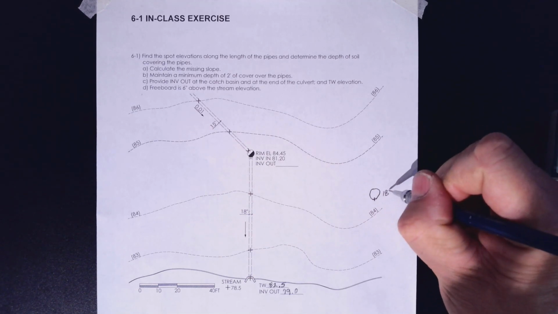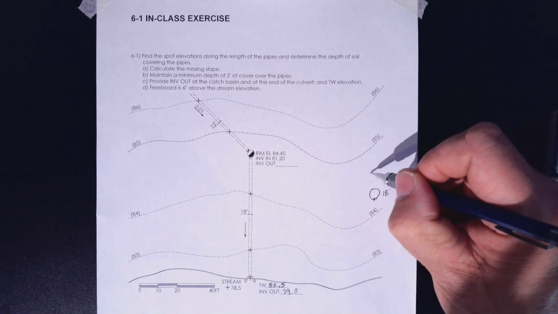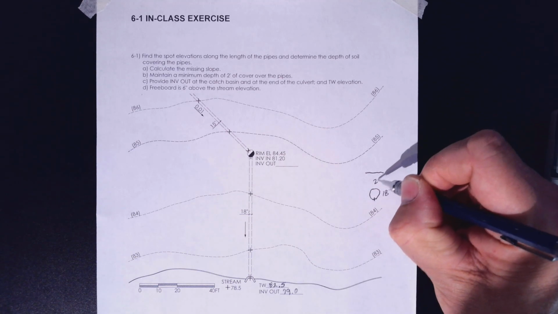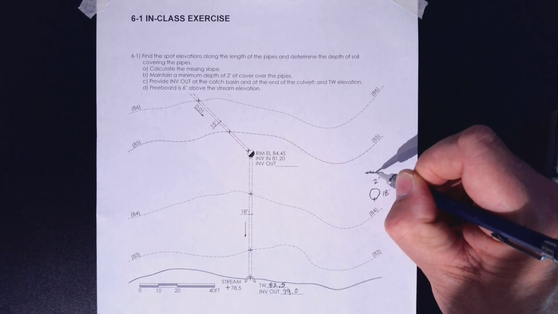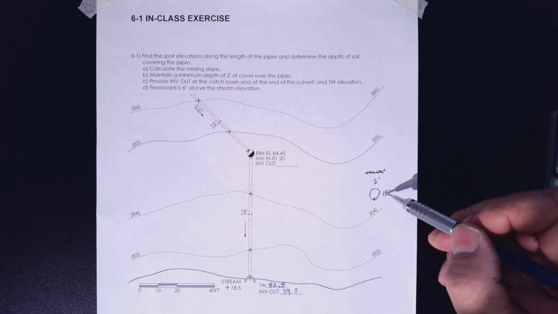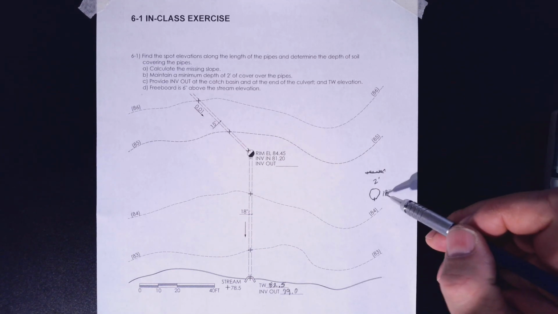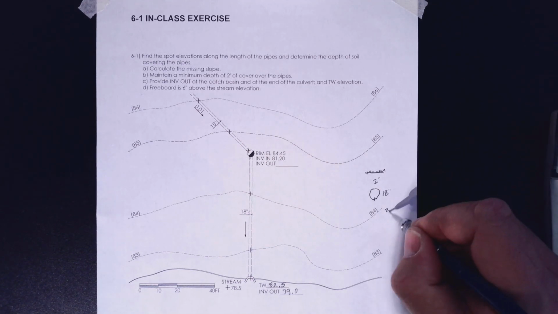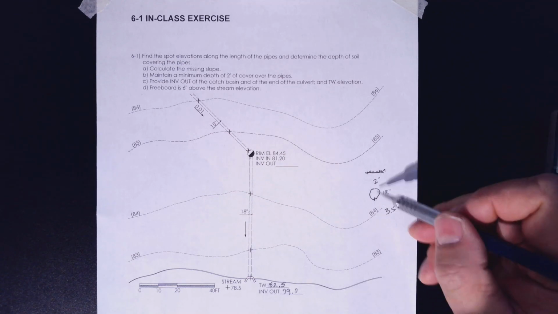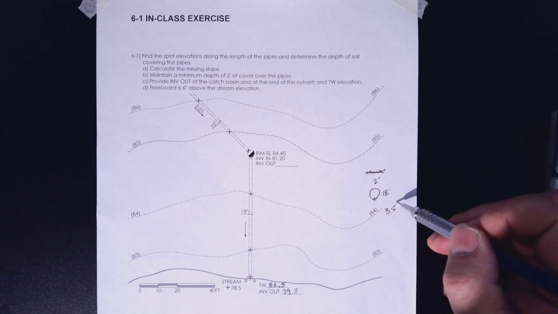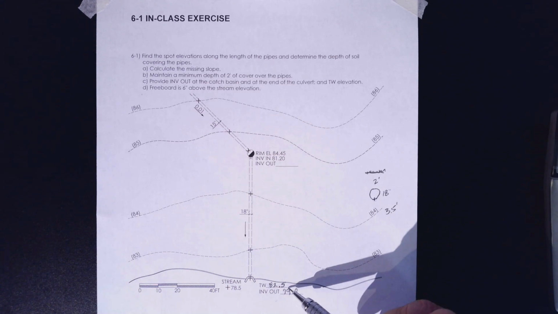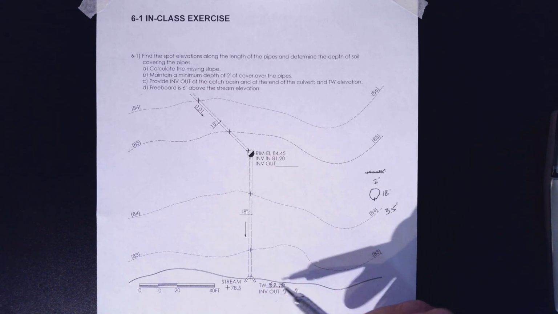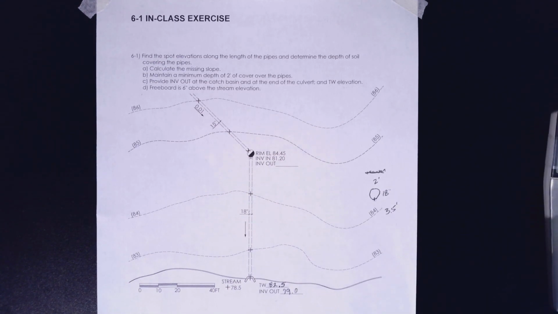So we need 18 inches, plus another 2 feet of cover to the top of the ground. So 2 feet plus 18 inches, which is 1.5 feet, you get a total of 3.5 feet with the pipe and the cover. Add that 3.5 feet to 79, and you get 82.5 for the top of your wall.